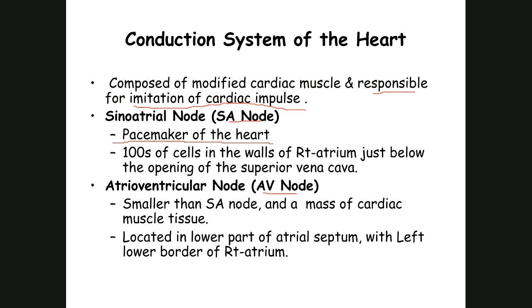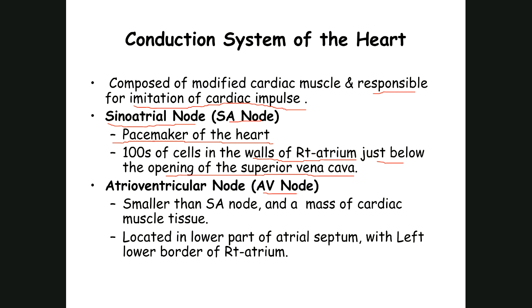Okay. So where is this SA node present? This SA node is present in the wall of the right atrium, in the walls of the right atrium, just below the opening of the superior vena cava.